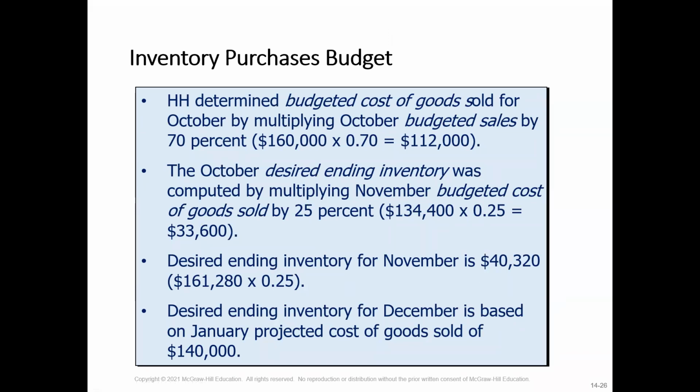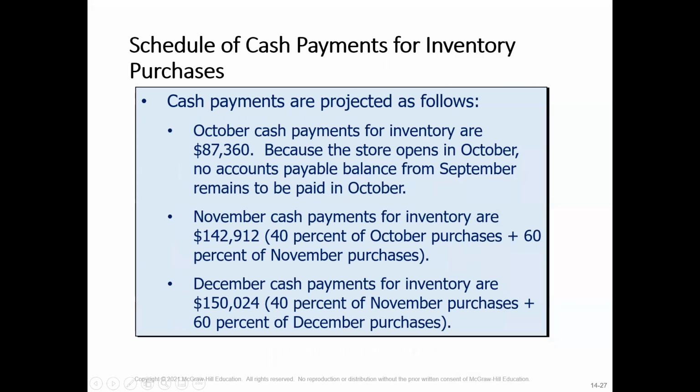So I just discussed how the budgeted cost of goods sold was figured for October, November, December, as well as desired ending inventory. And our cash payments for inventory are payable at 40%.